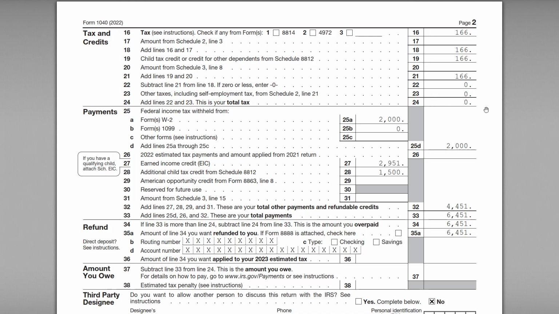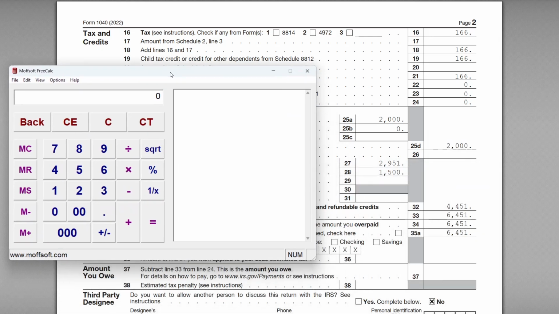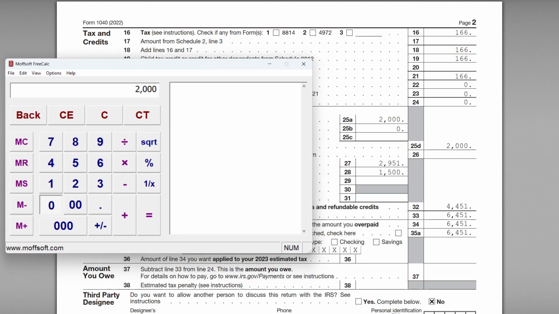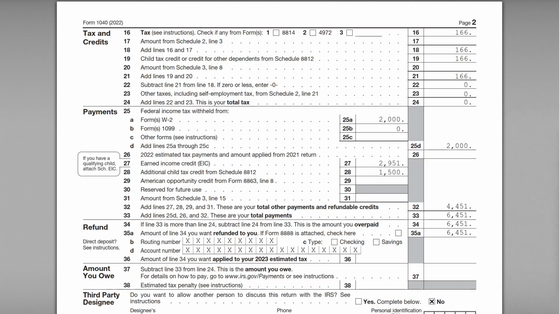So that reduces his total tax to zero. But if we look at how much of the credit was used, the credit is $2,000 and we've only taken $166. So we have $1,834 left over. How do we get that money back? Well, with the refundable additional child tax credit, again, it's capped at $1,500. You can't get more than that.